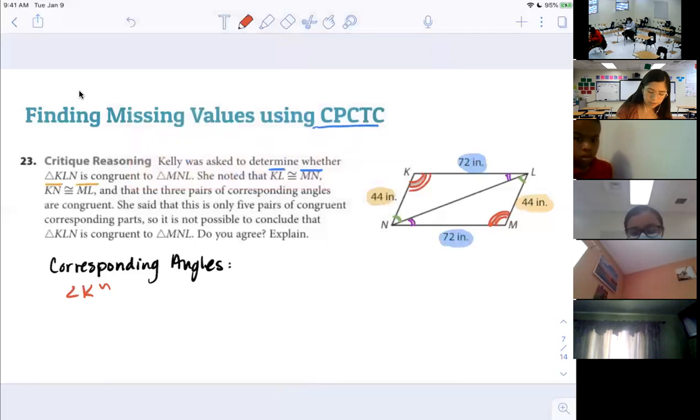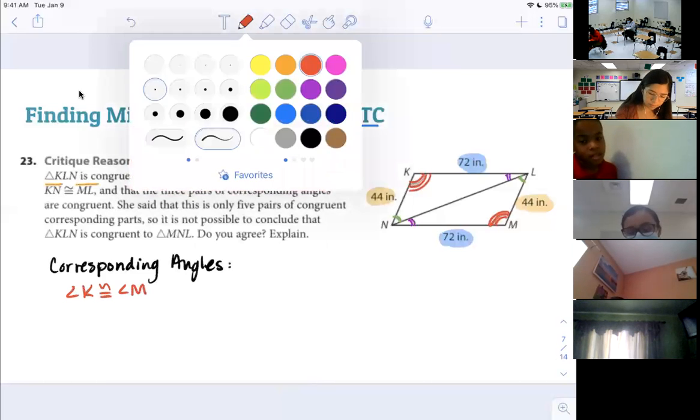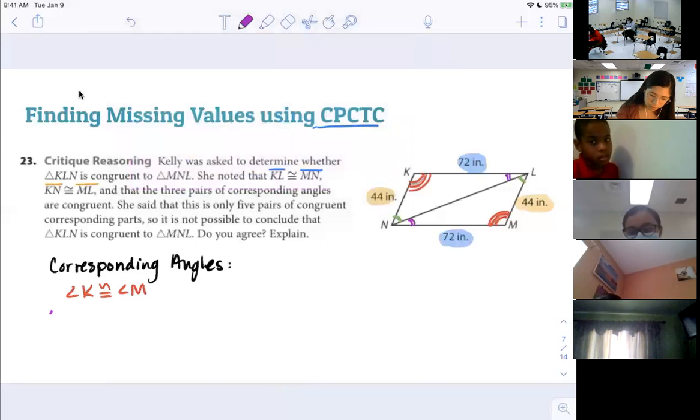Angle K is congruent to M. That's one pair. Then I have angle NLK. What's that congruent to? M and L, good.